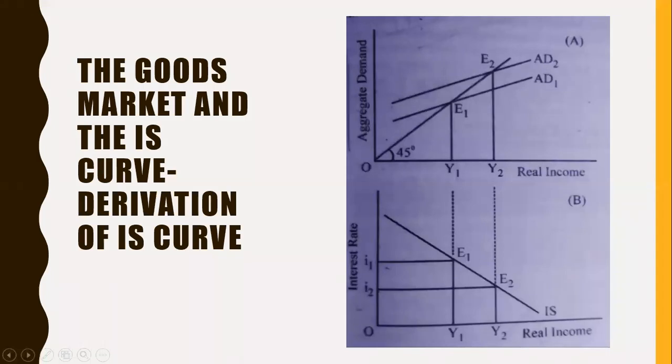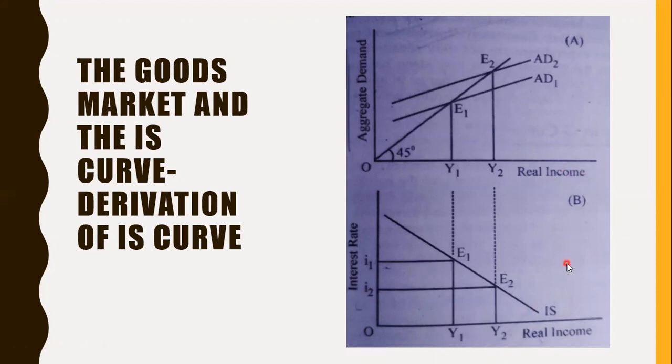This is a two panel diagram, as you can see. In the upper panel, we will show equilibrium in the goods market, and in the lower panel, we will derive the IS curve. Considering the axes, for the upper panel, vertically we are showing aggregate demand, and real income on the horizontal axis.